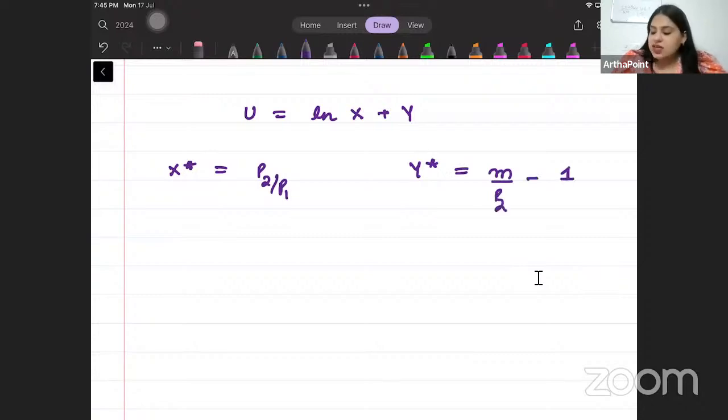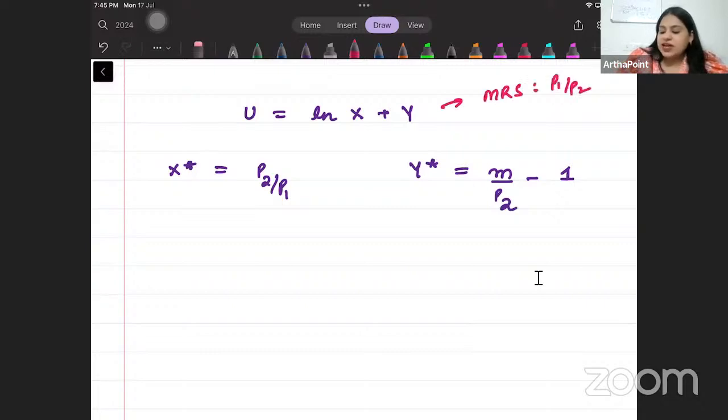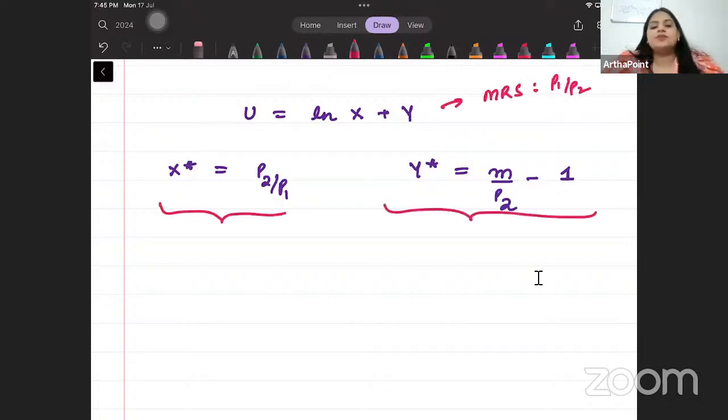This is from the last class. I am not going to repeat this. You should know this. You can just equate MRS to the price ratio, and you will get x star as this and y star as this. Right? So x star was P2 by P1 and y star was m by P2 minus 1.